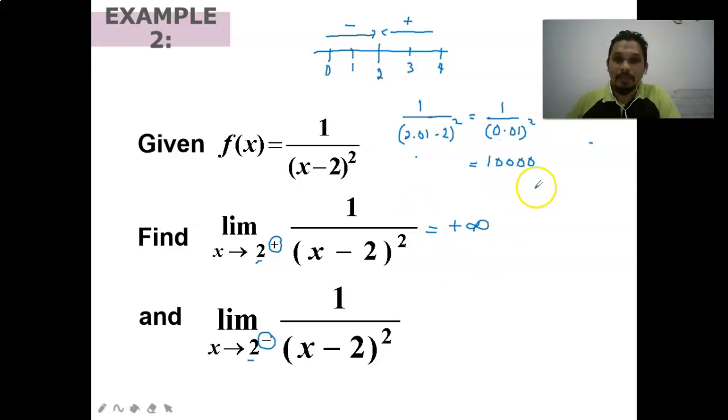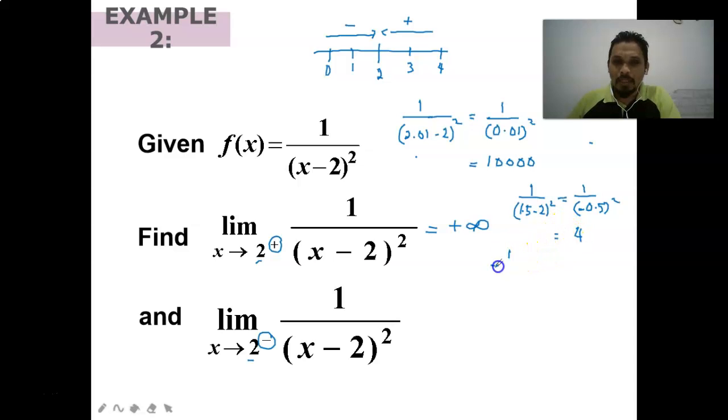Now, x approaching 2 from the left. Let's say 1.5. 1 divided by (1.5 minus 2) squared, and 1.5 minus 2 is negative 0.5, so 1 divided by (negative 0.5) squared equals 4, positive.